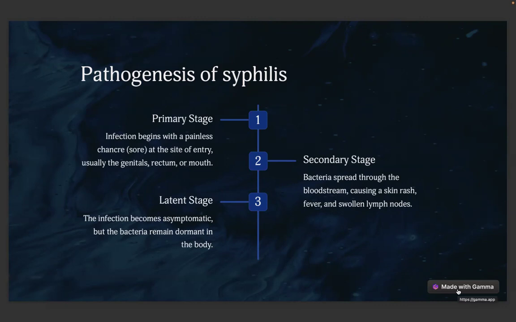So last but not least, tertiary syphilis. Actually, one third of the patients enter this stage, and this stage is the most aggressive, the most destructive. What happens here is a chronic, progressive, destructive inflammation that forms a granuloma.